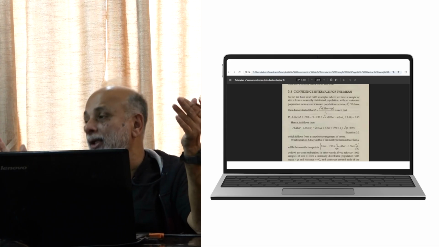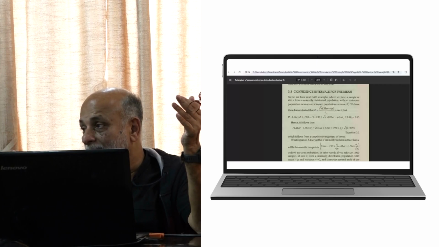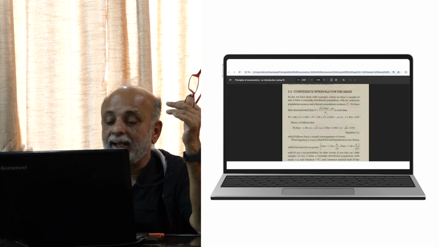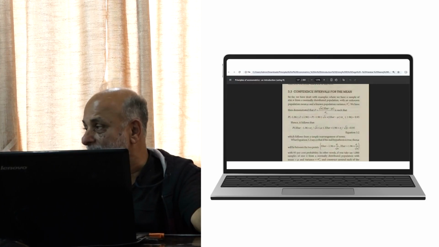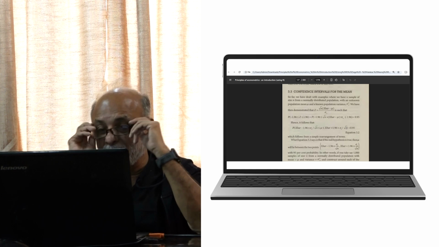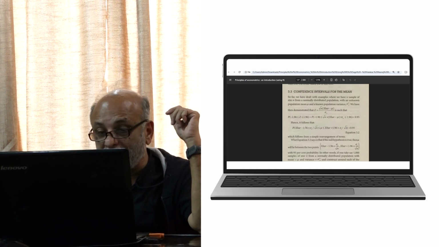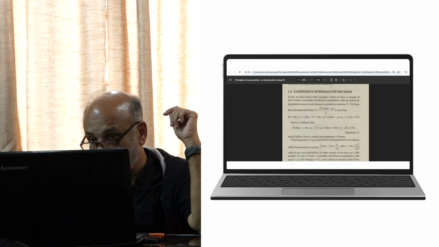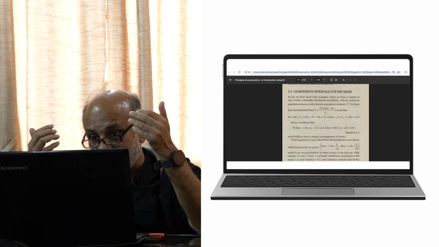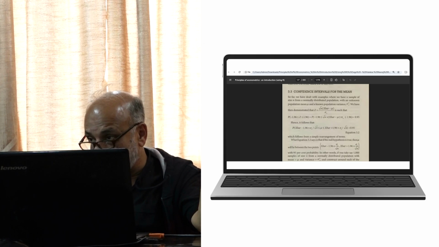If you take a population and take a very large number of samples, then 95% of the time mu, the true population mean, will lie within this interval. Every time you take a sample, you calculate x bar. You know n, and you know the population variance.